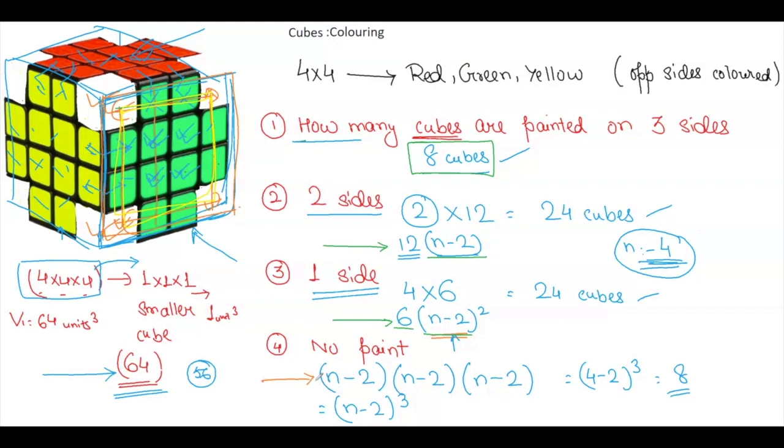Now, if you eliminate one layer from opposite sides, essentially you are eliminating 2 layers, so that becomes n minus 2, and we have 3 such opposite sides in any cube, so that would lead to n minus 2 whole cube. As a shortcut formula, I would rather say, to give you the number of smaller cubes which have no side painted. So this was all about cubes and the coloring of smaller cubes.